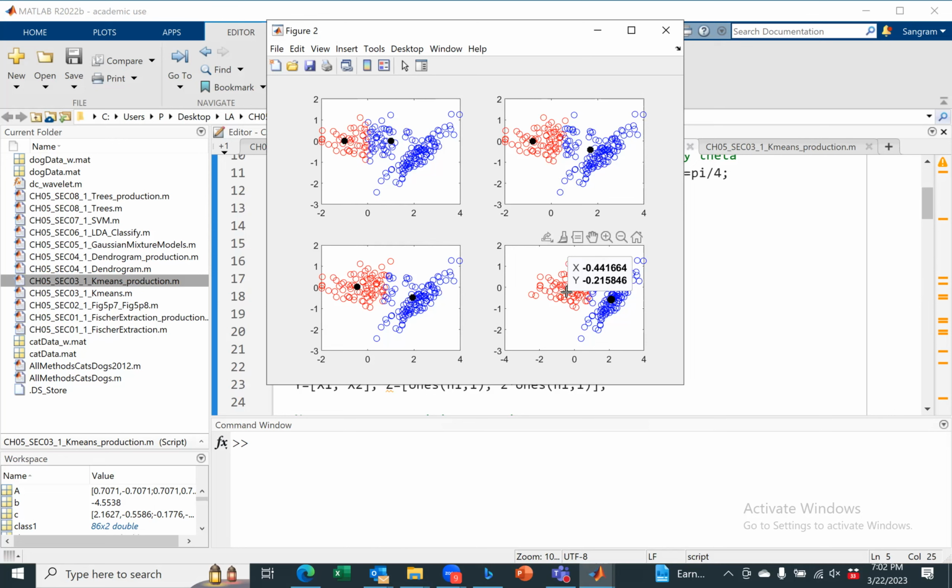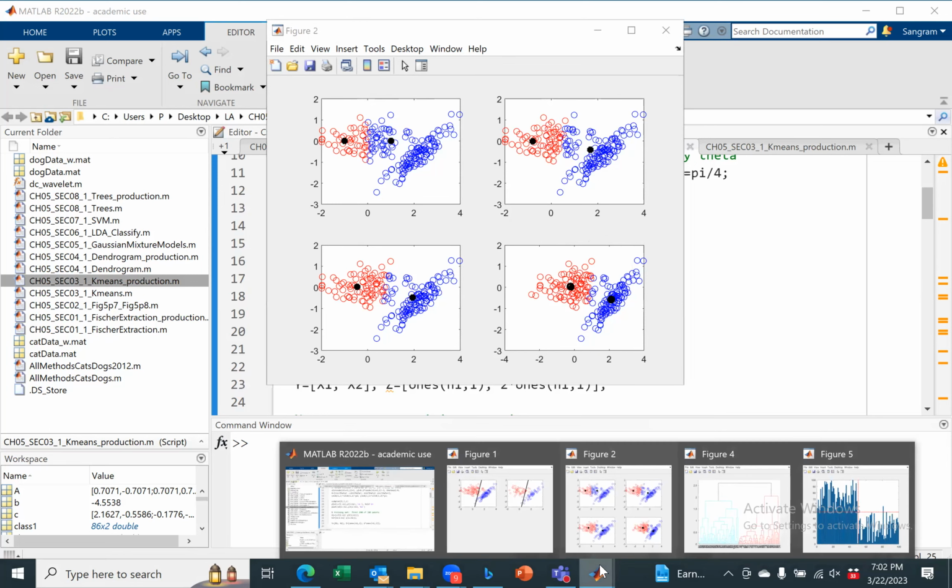In the last notes, I showed you 1, 2, 3 steps. So I did the 3 steps, this is the first iteration; 3 steps again, the second iteration; 3 steps, third iteration; and 3 steps, fourth iteration. And then when I project the new data set, I get a very nice classification.